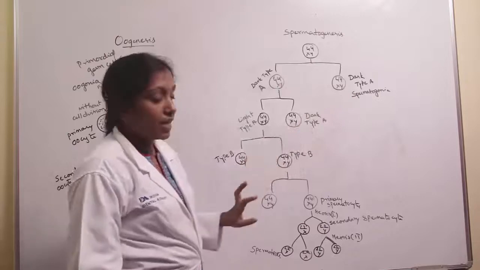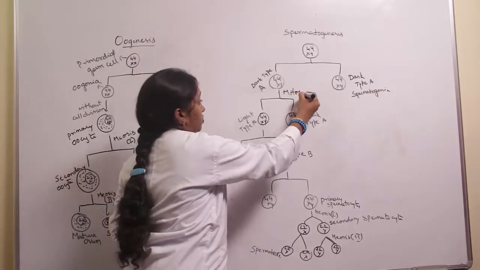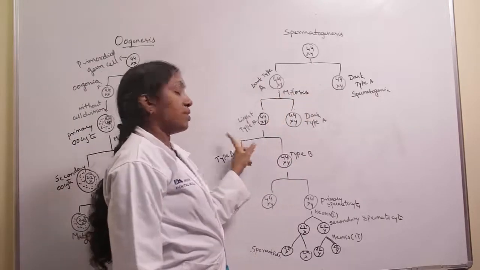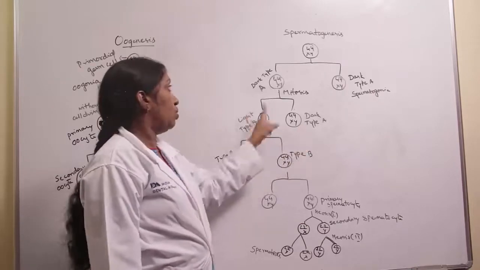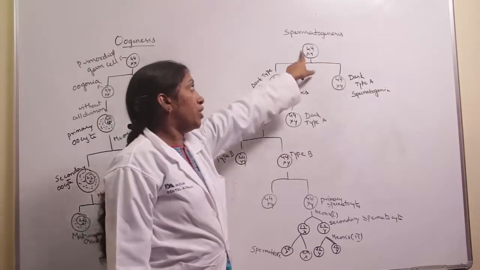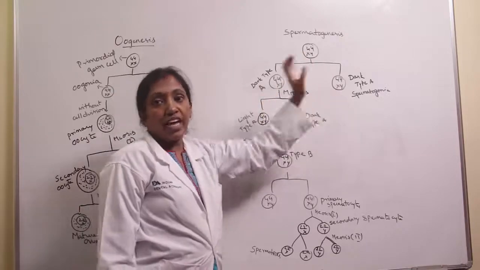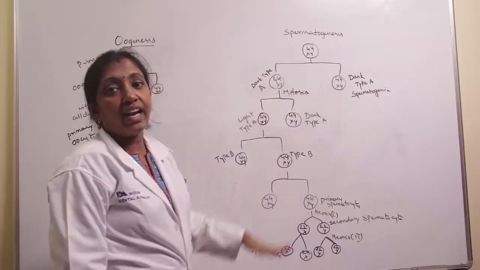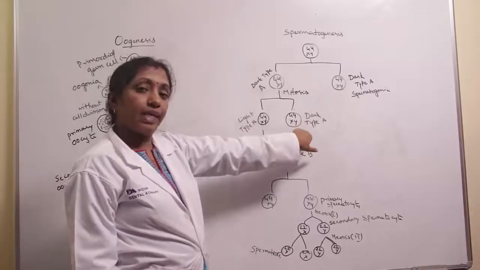and this dark type A spermatogonia again undergoes mitosis to give light type A and dark type A spermatogonia. So the primordial germ cell undergoes mitosis to give dark type A spermatogonia, and this dark type A spermatogonia again undergoes mitosis and gives light type A and dark type A spermatogonia.